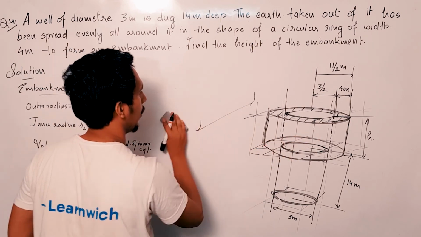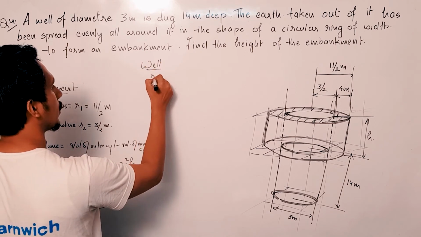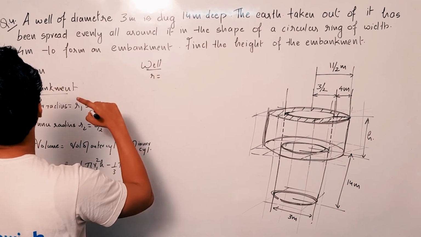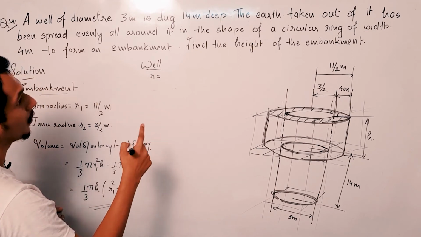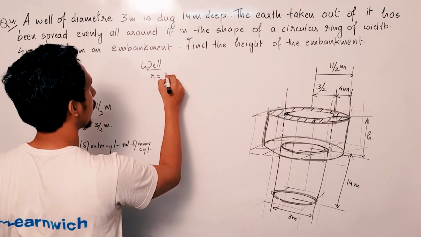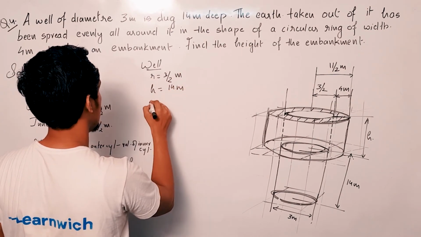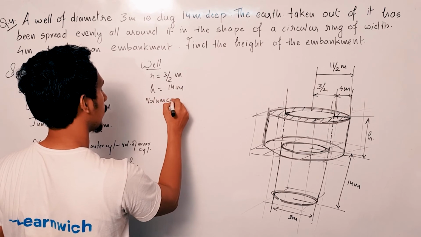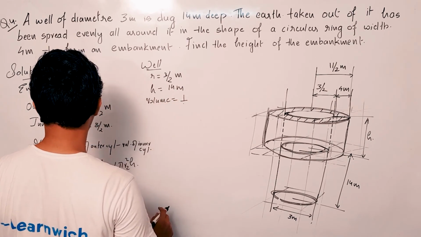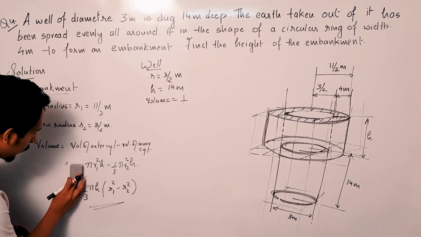Now I have the well. What is the radius of the well? Radius will be the inner circle, no? That will be 3 by 2 meter, and the height is 14 meter. So the volume will be, wait a minute, it's not a cone, then why did I take 1 by 3?